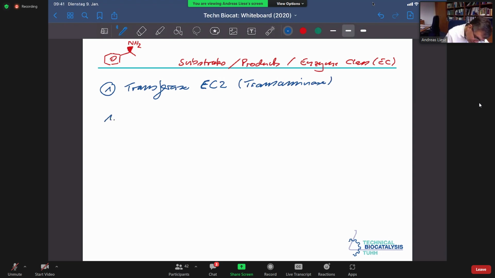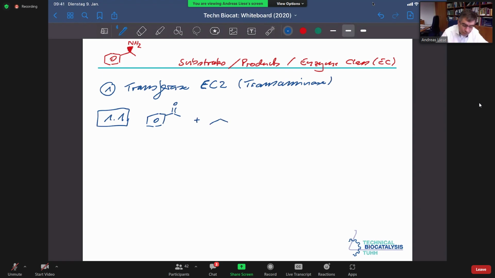So, possibility for transaminases 1.1, that would be that we would start from the ketone acetophenone. If I name these names, you don't need to know. You need to be able to draw the structures. Then we need to have an amino donor.